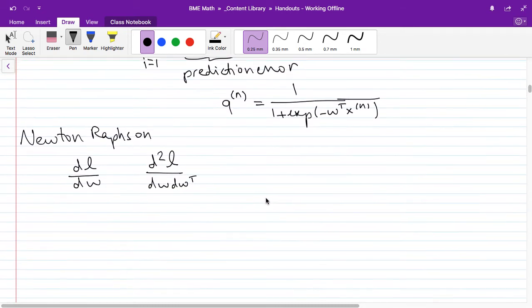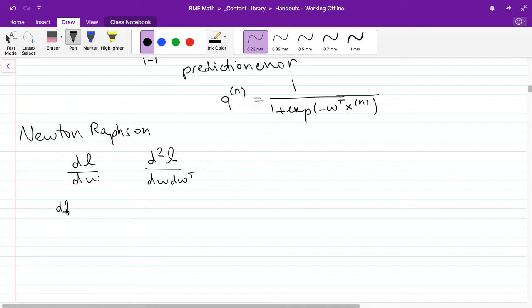Just to remind us where we are: we found that the first derivative of our likelihood with respect to this vector w that we're trying to find is the sum of all the labels minus all the posterior probabilities that we guessed, times the input, xi, on that trial. Let's write this in matrix form.